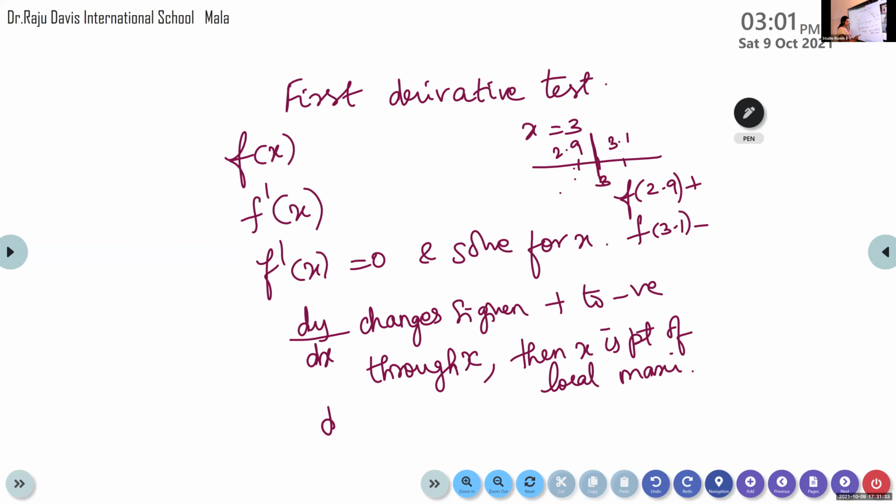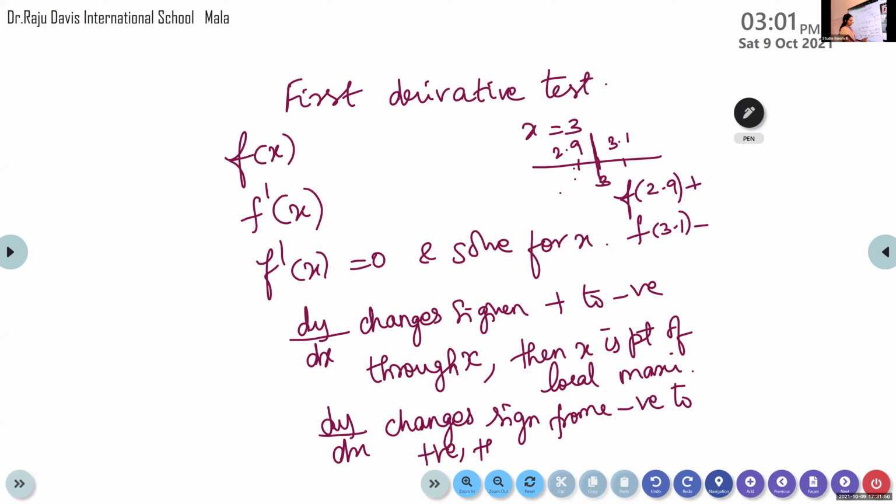Similarly, if the sign of dy by dx changes from negative to positive, then x is a point of local minima.